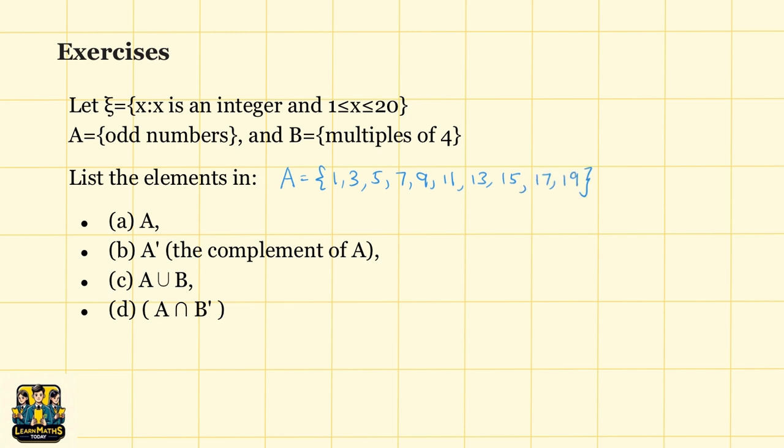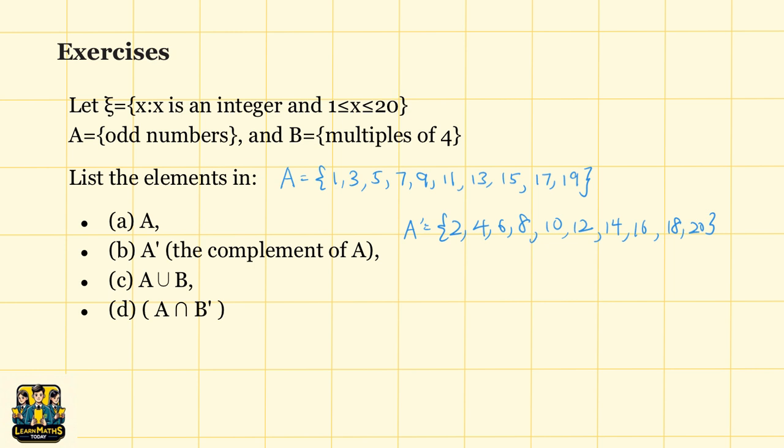The complement of set A is a set of integers between 1 and 20 that do not appear in set A. So making sure that we have the right list, we just have to make sure whatever we write down here does not appear in set A. Now we have the complement of set A to be 2, 4, 6, 8, 10, 12, 14, 16, 18, 20.